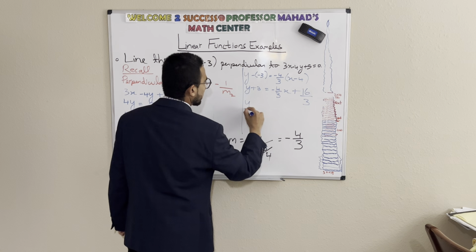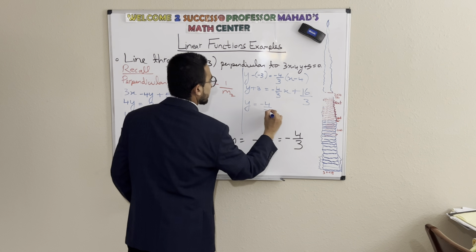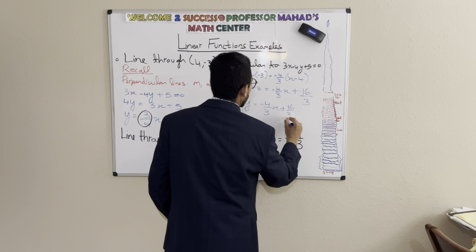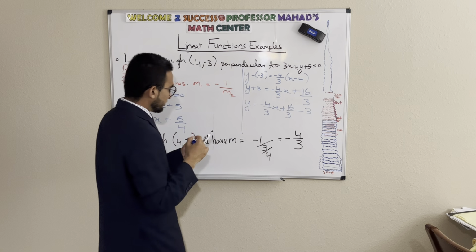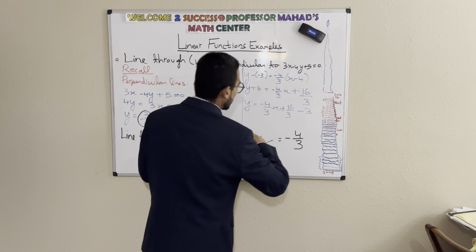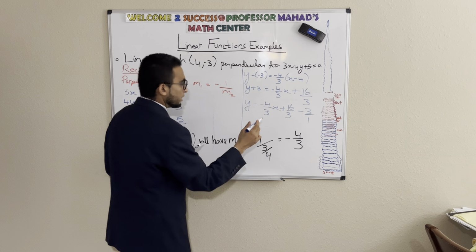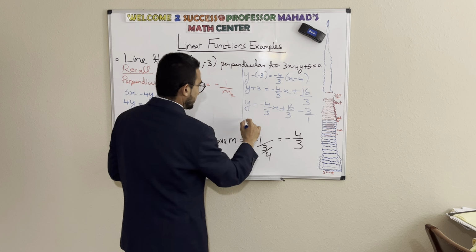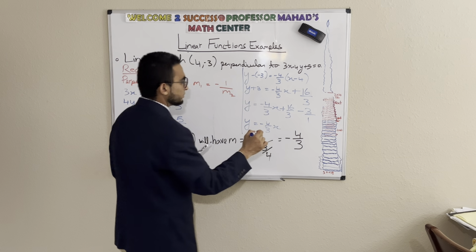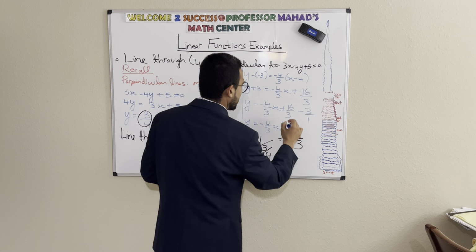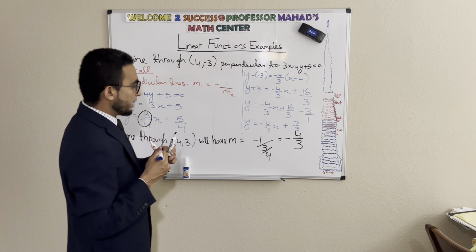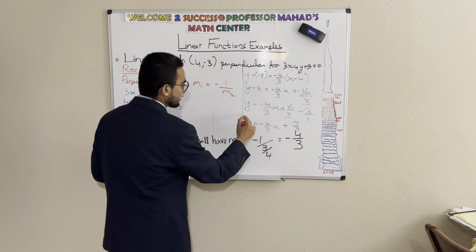So let's solve. 16 over 3 minus 3. So this will give us, if we need 3, it's going to be 16 minus 9 over 3. So this will be 7 by 3. Let's put a red box. This is our answer.